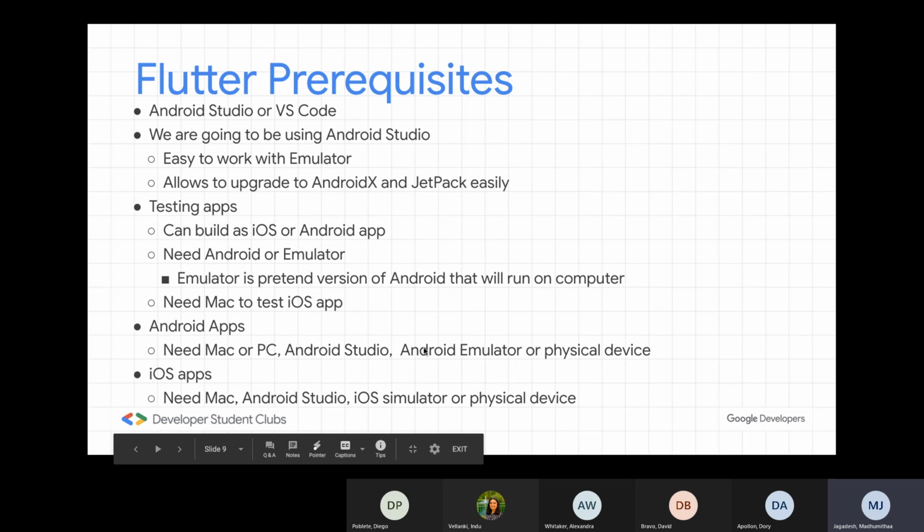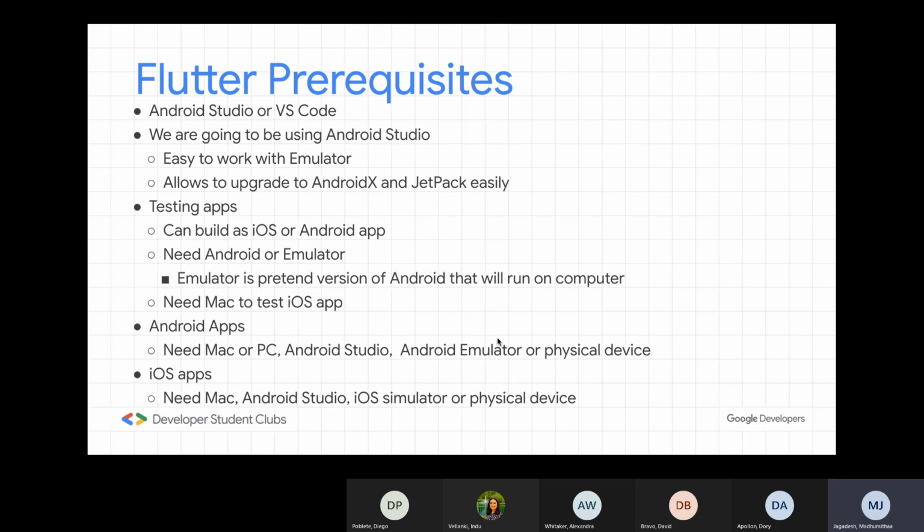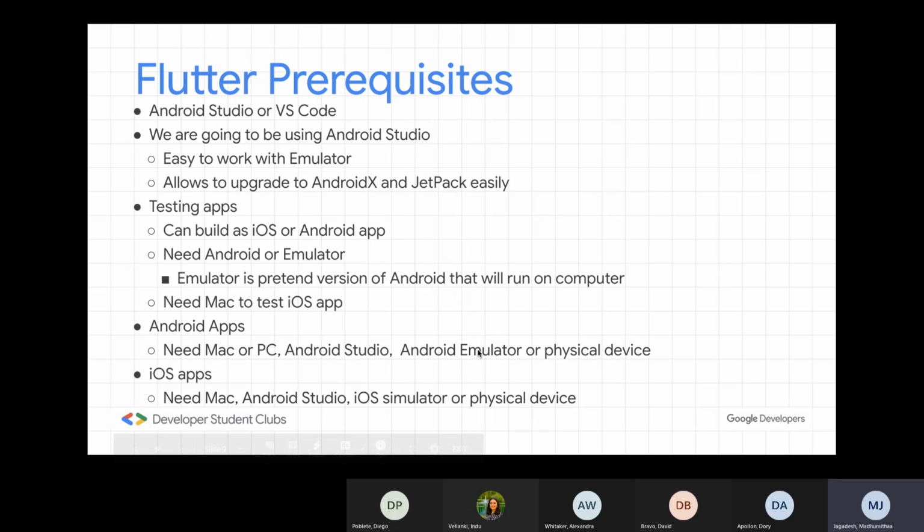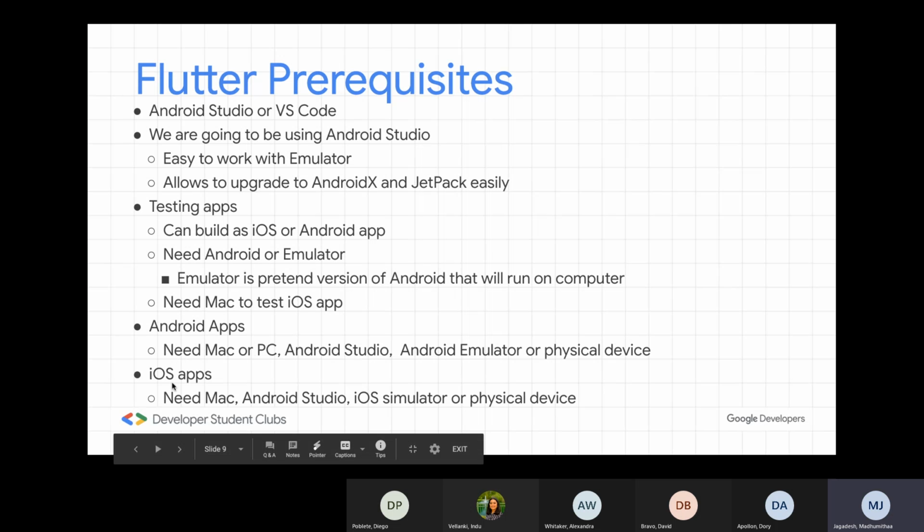You need Android Studio, and then you need an Android emulator or a physical device. Today, I'm not really going to go over the physical device. I'm going to focus more on the emulator and the simulator, but using a physical device is not that complicated. And for an iOS app, you need a Mac, which is necessary, and then Android Studio, and then an iOS simulator.